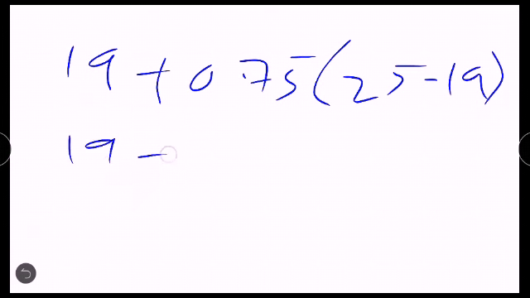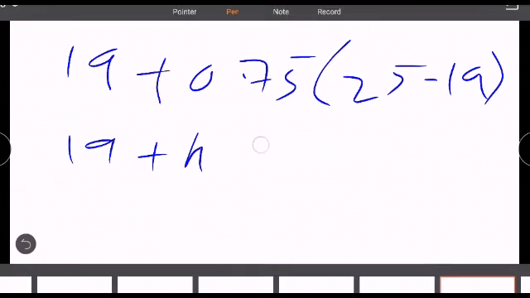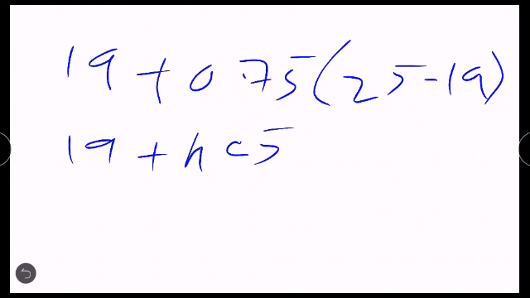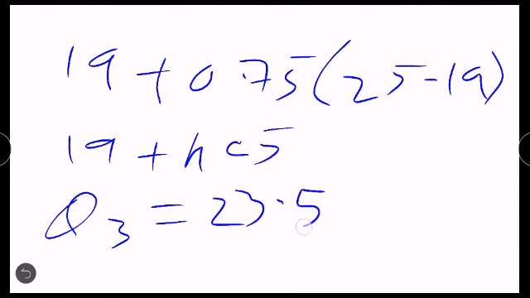So 25 minus 19 is 6. 6 into 0.75 is 4.5. So therefore the final answer of Q3 is equal to 19 plus 4.5 is equal to 23.5. So the Q3 value for the given observation is 23.5.